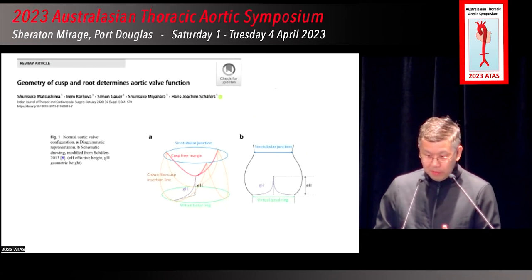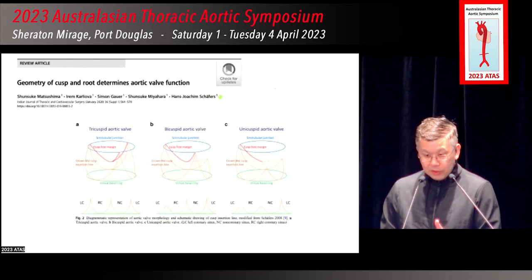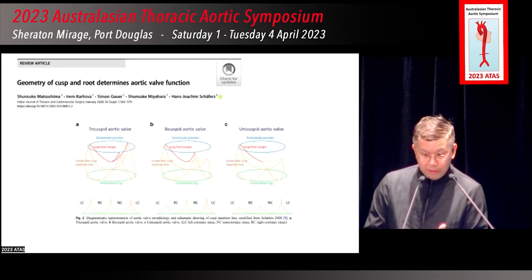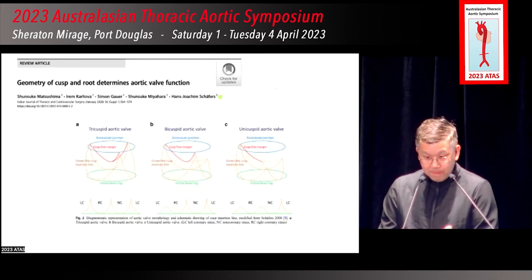But all these components can change in various pathologic conditions. For instance, here you've got a trileaflet valve with symmetrical heights of the commissures, and then when you have a bicuspid valve, one commissure height is a little bit lower, and then a unicuspid valve, and so the anatomic components of this complex change based on the pathology.